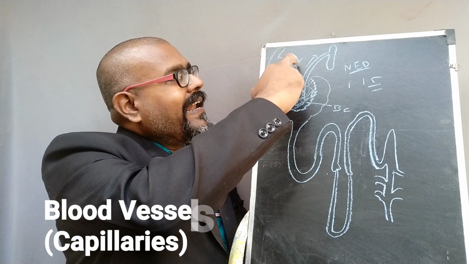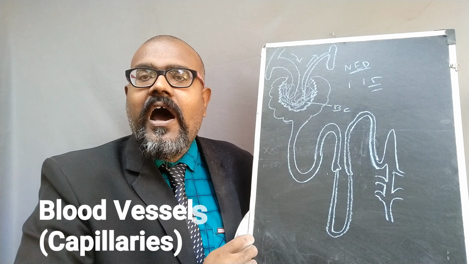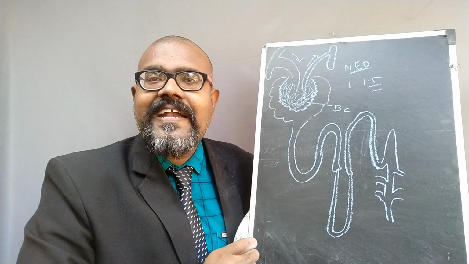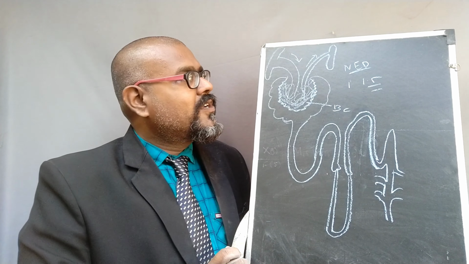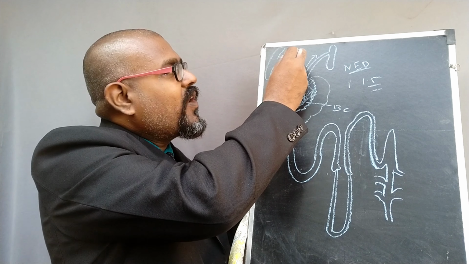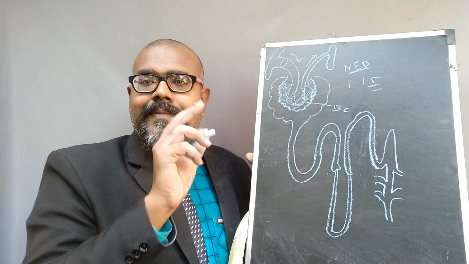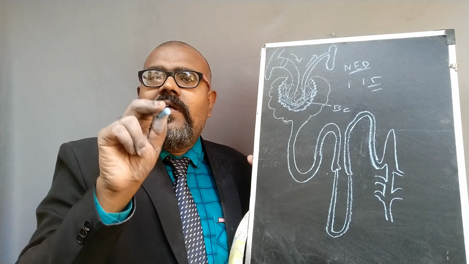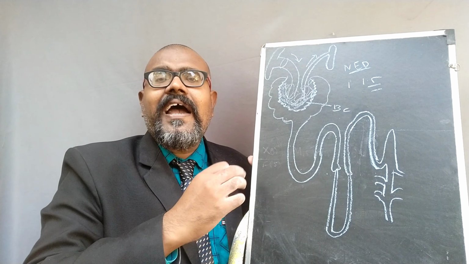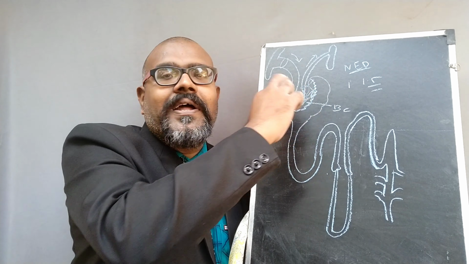The entry blood vessels are called the afferent arteriole. The exiting blood vessels are called the efferent arteriole. There is also a diameter variation. The afferent arteriole is somewhat larger in diameter compared to the efferent arteriole, because of the hydrostatic pressure created in the Bowman's capsule.